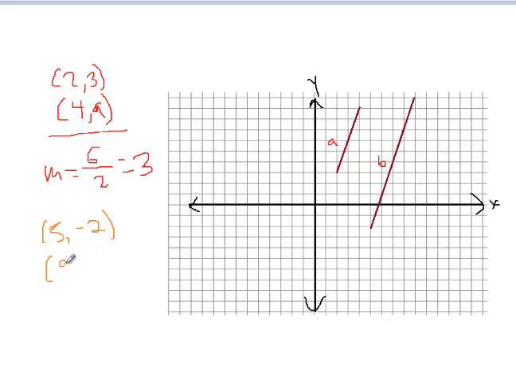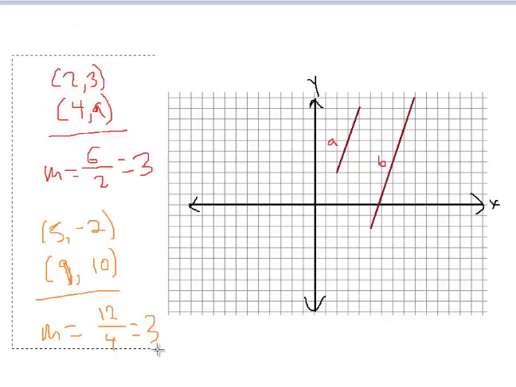So this point is 9, 10. Okay, again, the slope is the change in y divided by the change in x. 10 minus negative 2 is 10 plus 2, which is 12. 9 minus 5 is 4. And 12 divided by 4 is 3. So notice these two lines are parallel to each other, and therefore they have the same slope. Or really, I should say they have the same slope, and therefore they're parallel to each other.